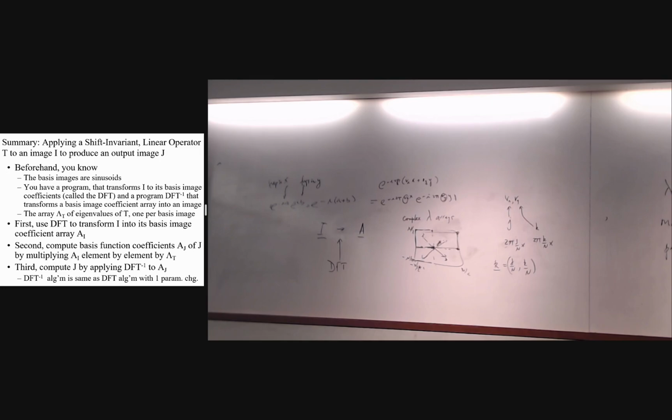And m is a really big number, and log m is like 10 or 20, but m is 1,000 or 2,000, or a million. Way faster to go over to the frequency domain and do the shift invariant linear operator calculation that way.